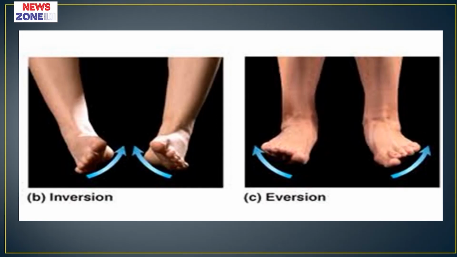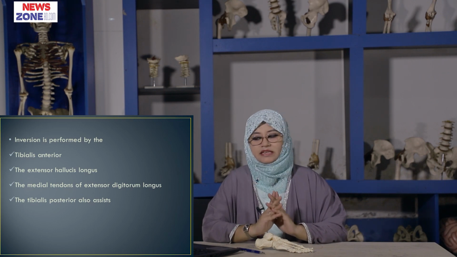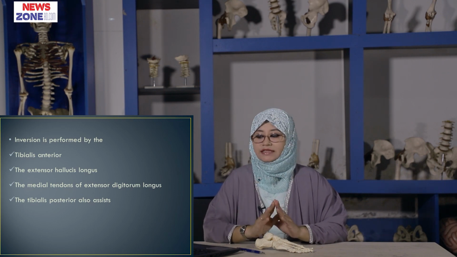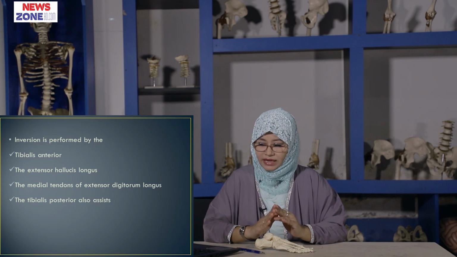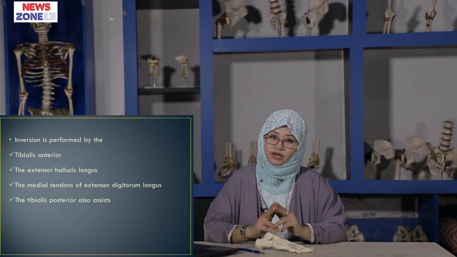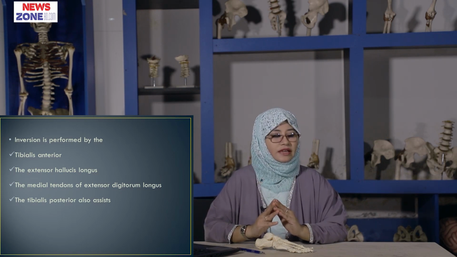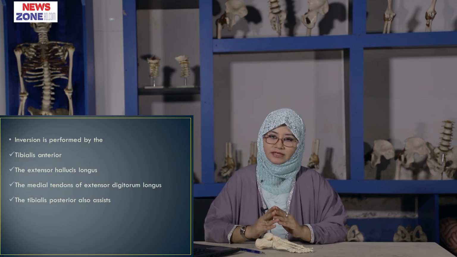In this figure, we can see this is inversion and this is eversion. Inversion is performed by tibialis anterior, the extensor hallucis longus, the medial tendons of extensor digitorum longus, and the tibialis posterior assists in this movement.